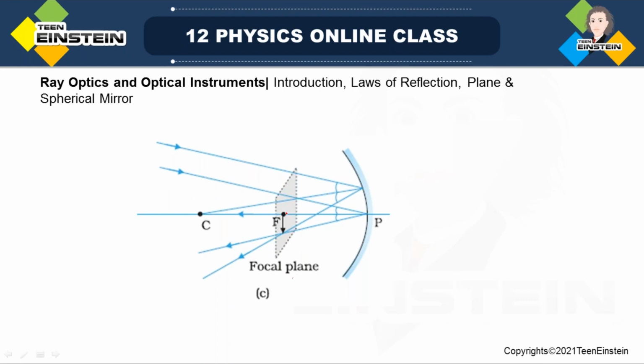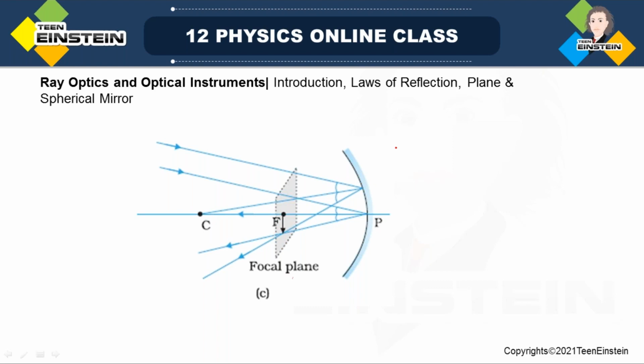Sometimes images are formed in the focal plane, not exactly on the principal axis. Sometimes images will be formed on the focal plane also.